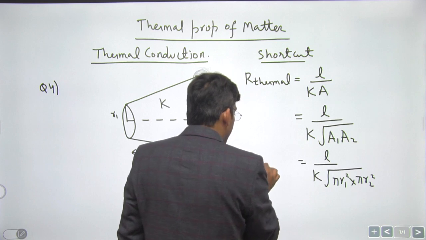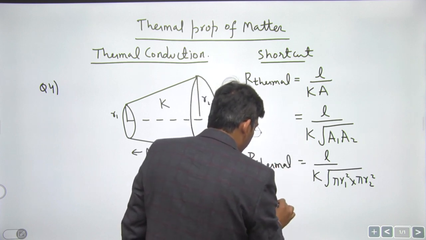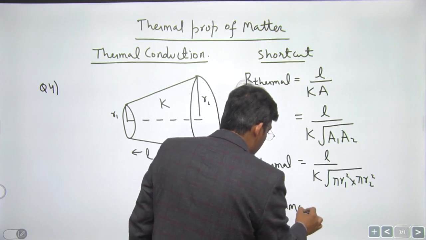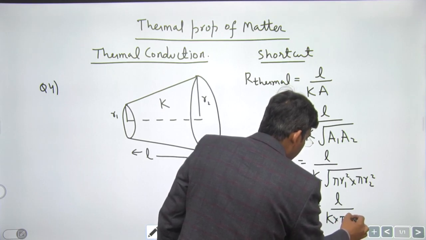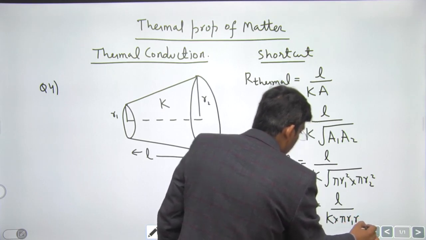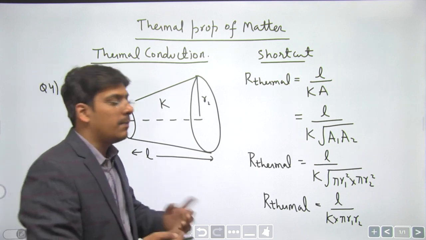So this thermal resistance is L by K into pi R1 R2, right dear students? This was another question based on thermal conduction.